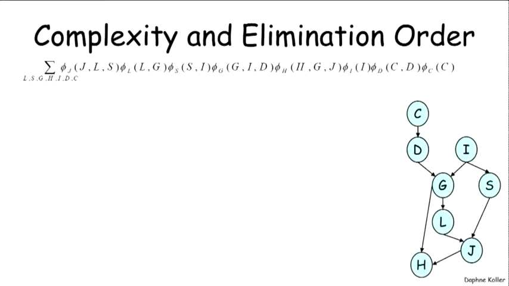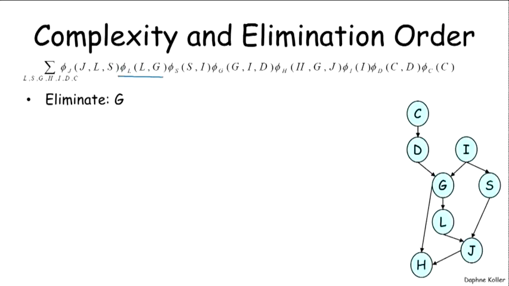So now let's understand how elimination ordering plays into this. We've previously said that variables can be eliminated in any order, so long as we're careful about multiplying things in at the appropriate time. But now let's see how elimination order might affect the complexity. So assume that in this example, I'm going to make a not very judicious decision, and I'm going to start by eliminating G. So which factors do I need to multiply in order to eliminate G?